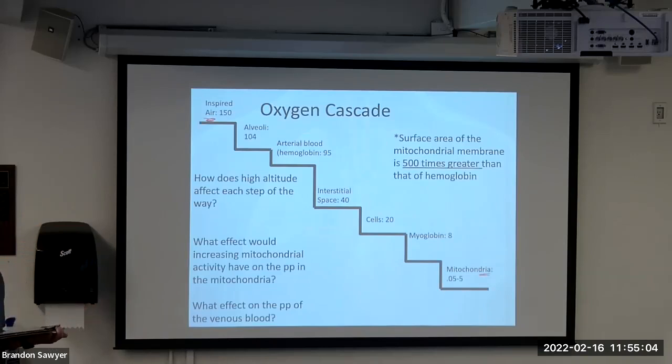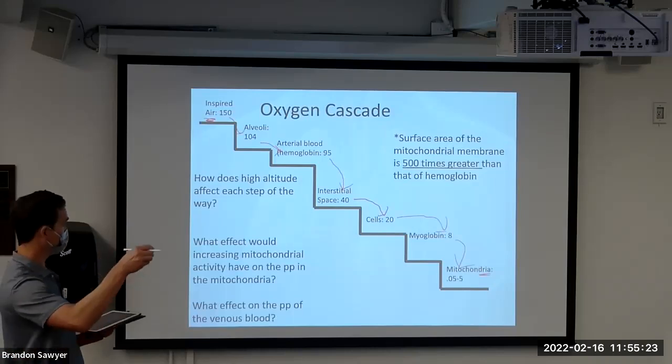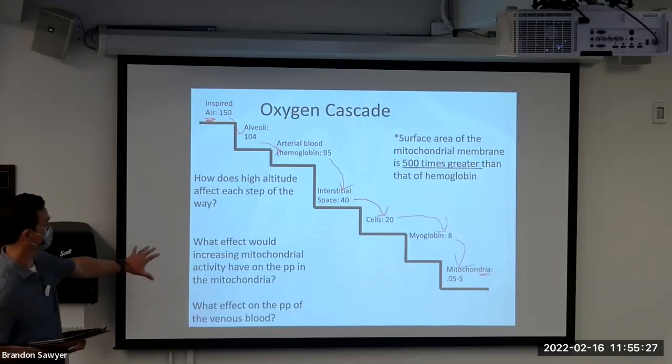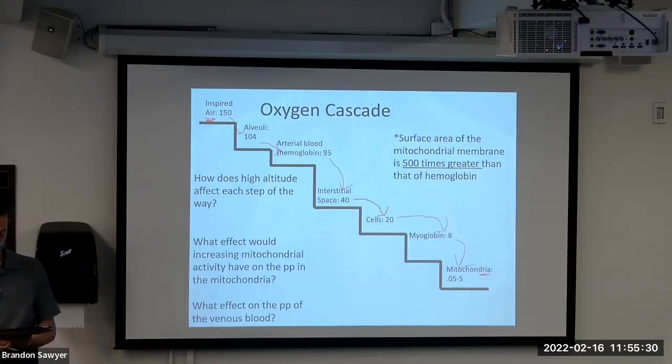It's just going from higher pressure to lower pressure every step. So going from the air to our alveoli goes down, alveoli to the blood goes down, blood to the interstitial space, the space between the cells and the blood vessels, from that space to our cells, cells to the myoglobin, finally myoglobin down to the mitochondria. We've got to have a step down each way. We'll talk a little more about some of those questions during the TBL day.